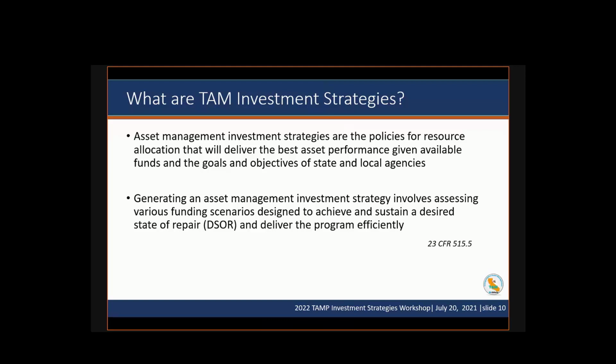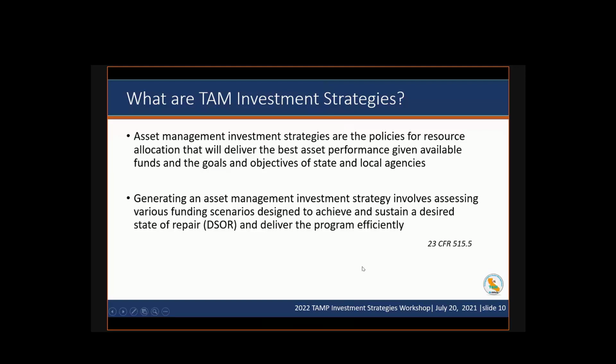So we're going to look at various funding scenarios. There's a couple that are required in federal regulations, so we're not going to talk too much about them today. One of those requirements is to figure out how much money it would take to achieve the desired state of repair for the entire national highway system, meaning jointly owned by Caltrans and by cities and counties and represented by MPOs and RTPAs.